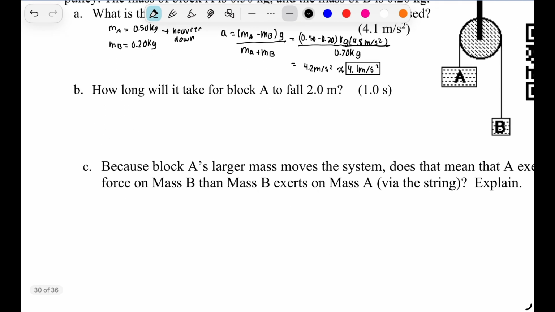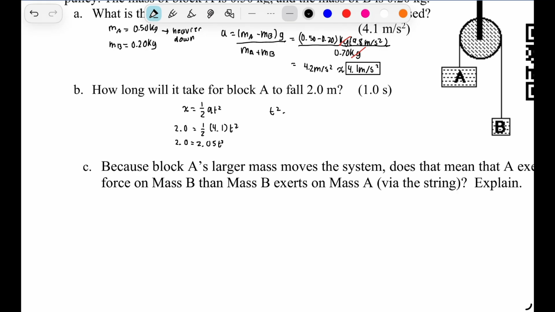How long will it take for block A to fall 2 meters? We had kilograms cancel here. We know that x, our displacement, is equal to 1/2 at squared. Our displacement we want to find is 2.0, 1/2. Our 4.1 is our acceleration, and our t squared is our unknown. So 2.0 is equal to 2.05 t squared.